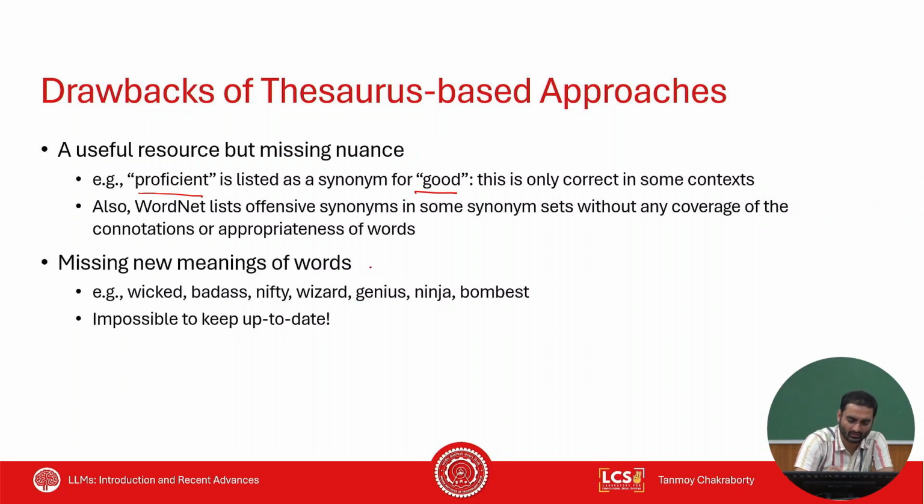Secondly, it's very difficult to add newly coined words. You need manual effort. For example, ninja, nifty, and so on and so forth.